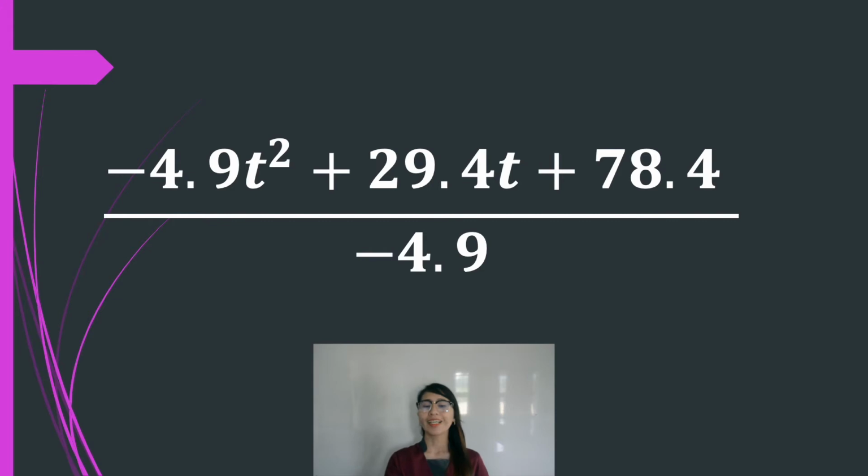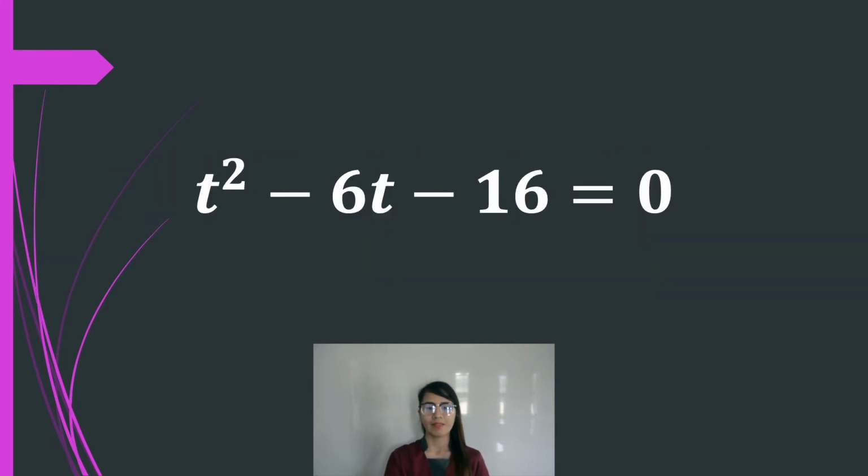So we have negative 4.9 t squared divided by negative 4.9 is equal to 1 t squared, plus 29.4 t divided by negative 4.9 is equal to negative 6t, and 78.4 divided by negative 4.9 is equal to negative 16.